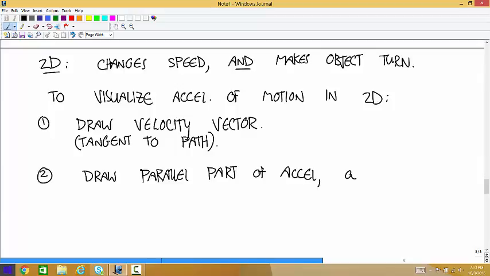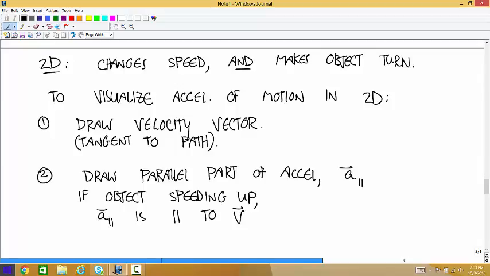I'm going to call that A parallel, and it's a vector. And so to draw this, if the object is speeding up, A parallel is parallel to the velocity in the same direction as the velocity.